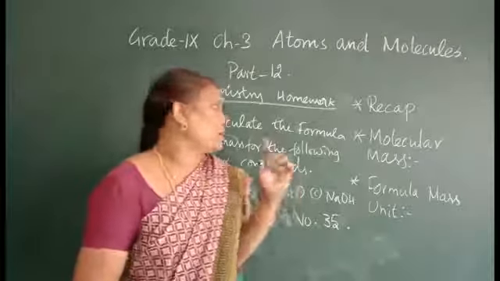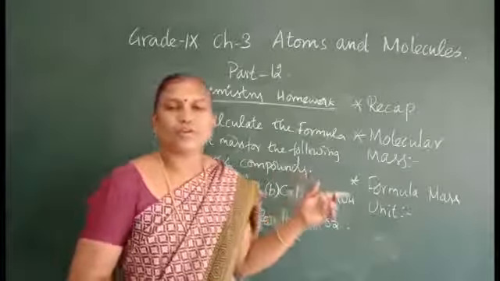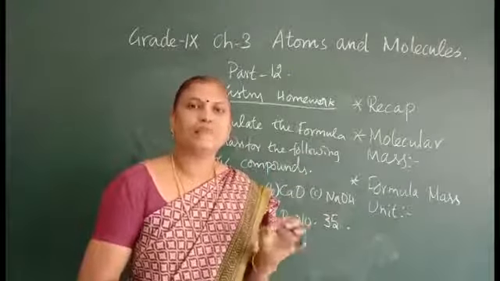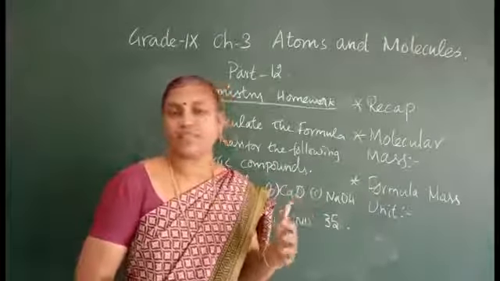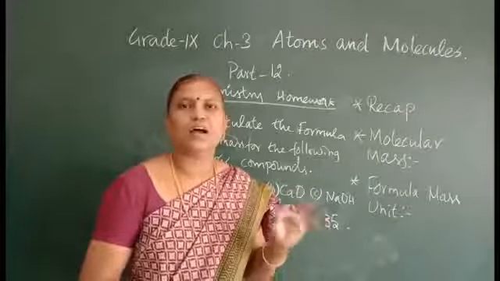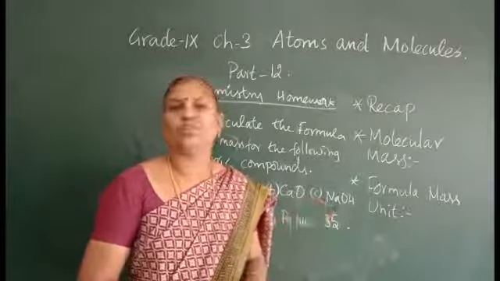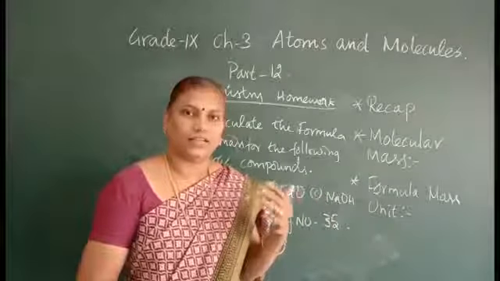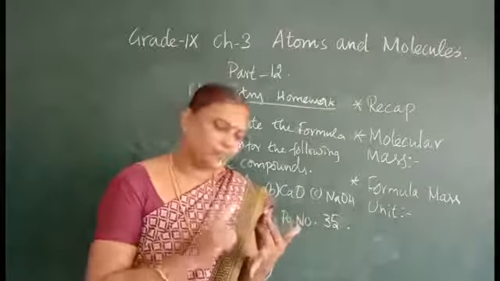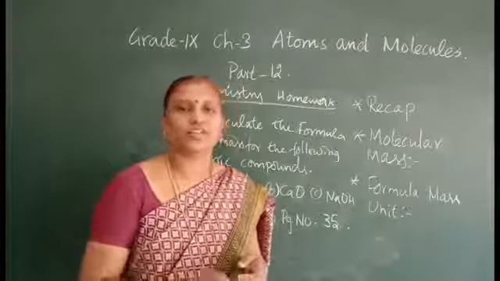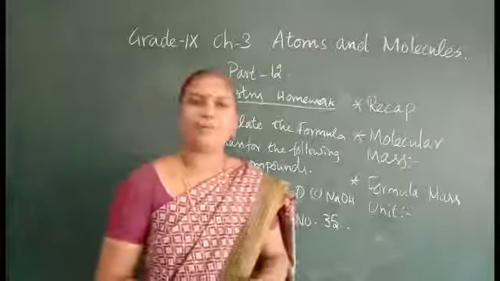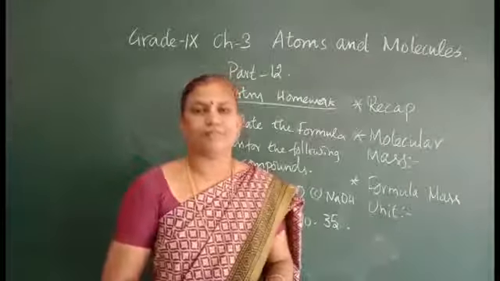The formula unit mass of a compound is the sum of the atomic masses of all the atoms present in a formula unit of a compound. For both molecular mass and formula unit mass, the unit is U. Do the given homework and refer to page number 35. Thank you.